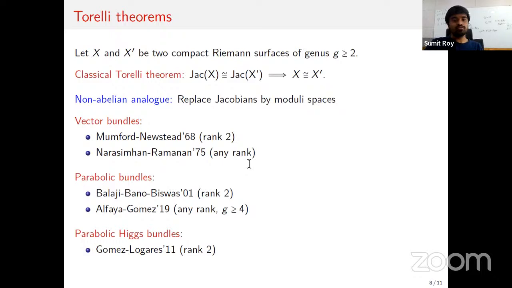Then we have the Torelli theorem. Then for parabolic bundles, Balaji, Biswas, and Nagaraj proved a Torelli theorem for the rank 2 case. And recently, Alfaya and Gomez proved the same thing for any rank, assuming genus greater than or equal to 4. That is also our assumption. In our case also, we will assume that genus is greater than or equal to 4.